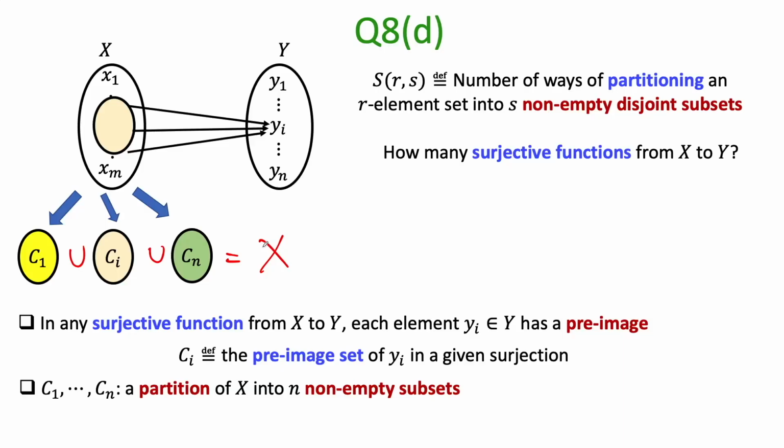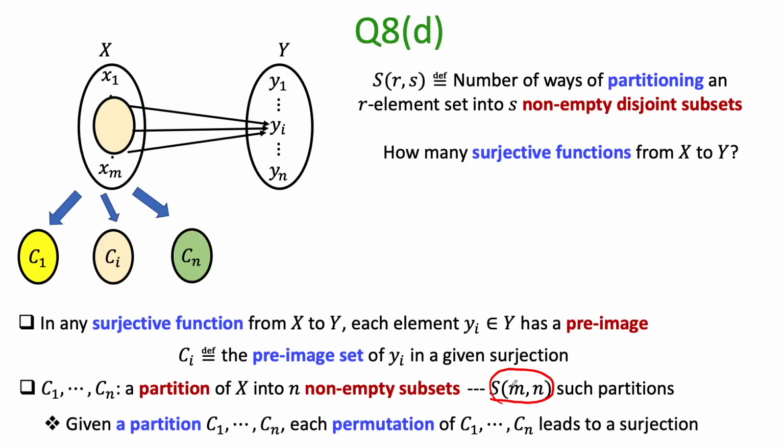Okay. So now, how many such partitions can we have for the set X into n non-empty disjoint subsets? I can have S of m comma n number of such partitions. Now we are interested in finding out how many surjective functions we can have.